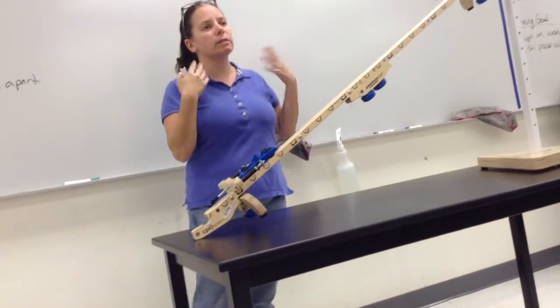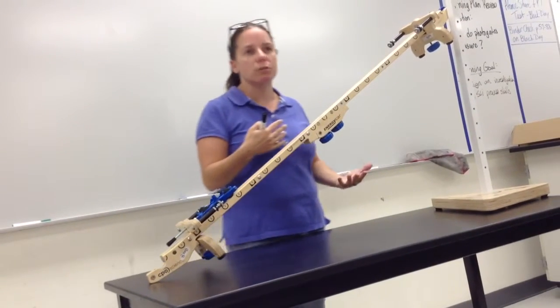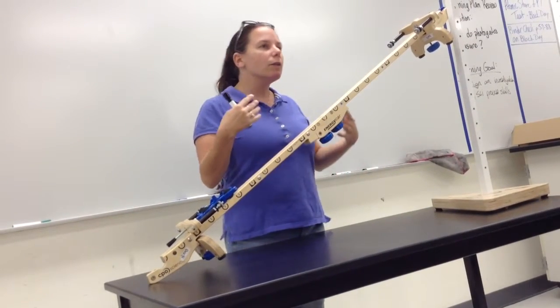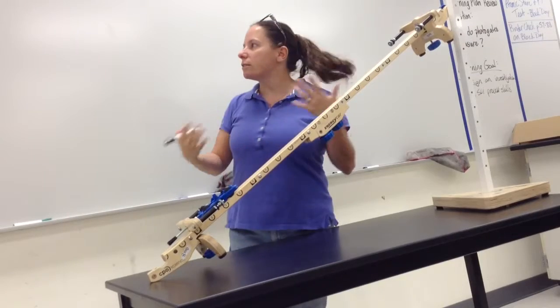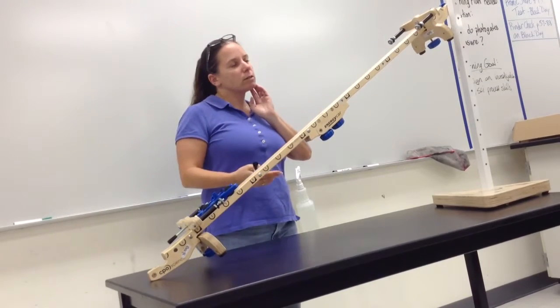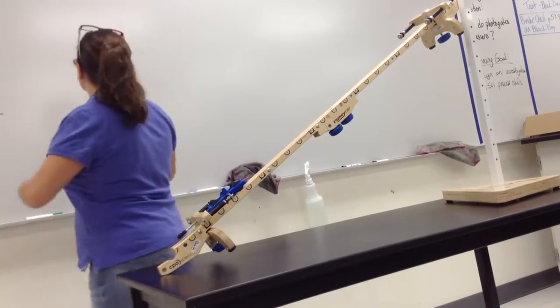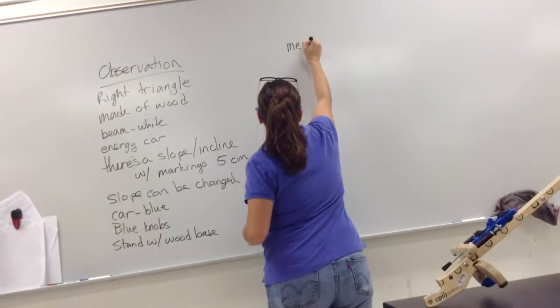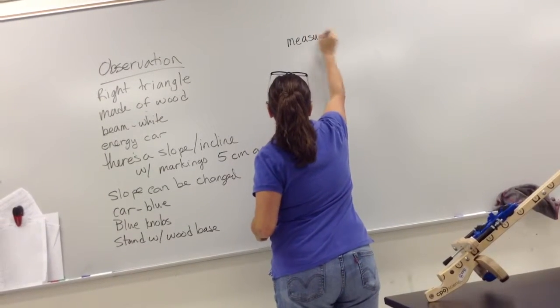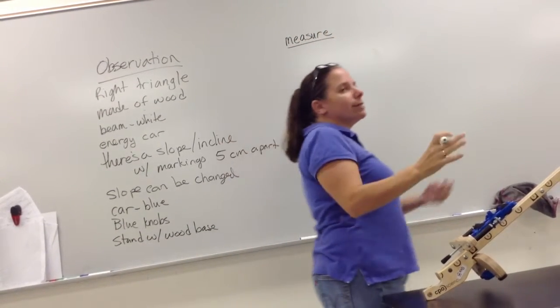Simple things that we can see, hear, smell, taste, touch. Now that we have made these observations, the next thing I want to ask you is what are things that we could measure about this system?